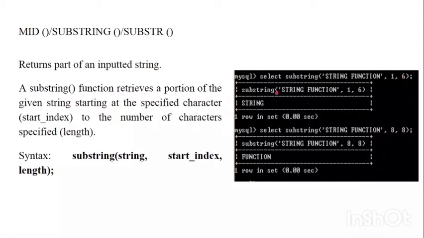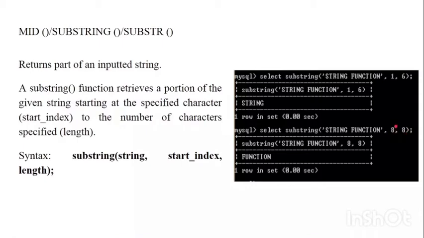In MySQL, all the string characters start from position 1. So the substring will start from position 1, and 6 characters are to be extracted: 1, 2, 3, 4, 5, 6. Next is select substring string function comma 8 comma 8.